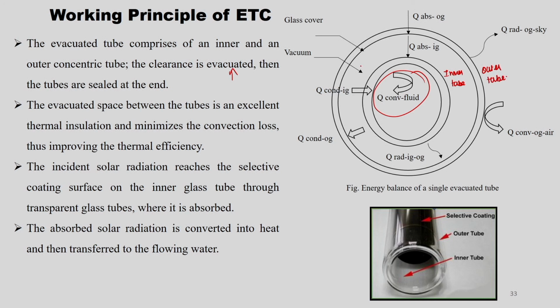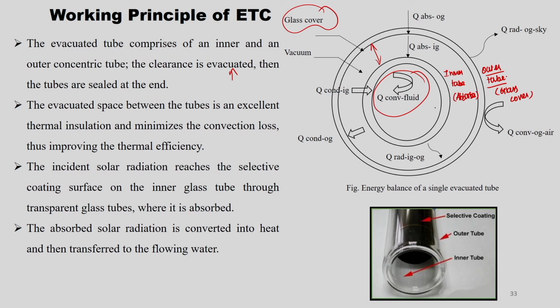right. So, in between there is a vacuum, the air gap between the inner tube and outer tube is totally evacuated. So, the outer tube is considered as a glass cover, right. So, the inner tube is nothing but an absorber. So, this is the glass cover.